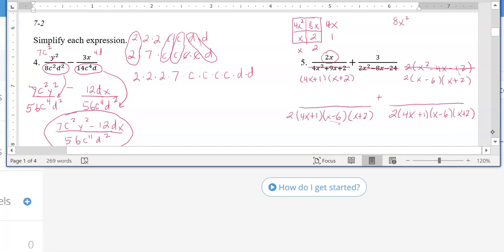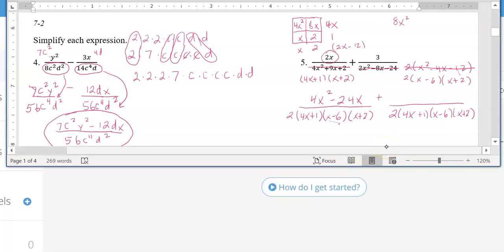So if you want to, I would suggest you just go ahead and make that become 2x minus 12. Okay, and so this numerator is going to be 2x times 2x minus 12. And that's going to be 4x squared minus 24x.